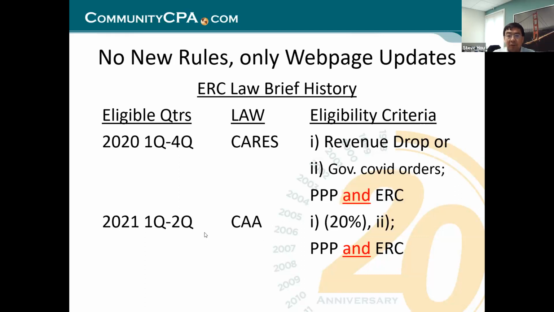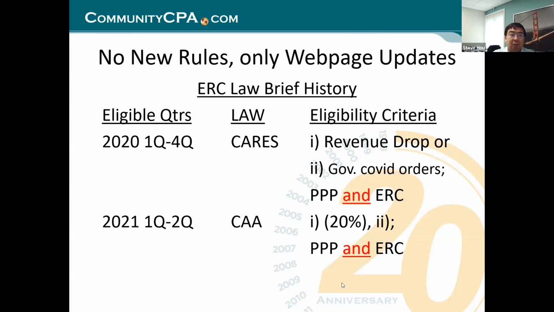In that law, the ERC program was expanded, because the pandemic was ongoing, and in fact, December 2020 and January 2021 was a moment when the situation became very bad in the U.S. So Congress at that time passed a new law that extended the ERC into the first 2 quarters of 2021, and the new law also clarified that an eligible employer can apply for PPP and claim the employee retention credit, or ERC, at the same time.